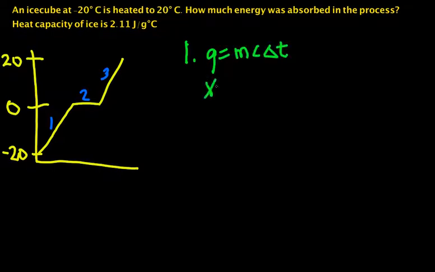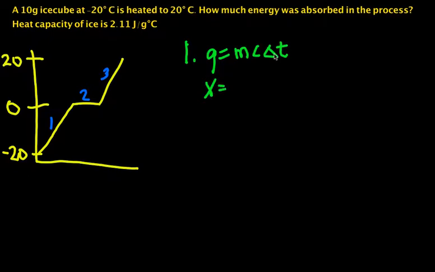I'm looking for Q. I did forget to put the mass in the problem, so we're dealing with a 10-gram ice cube. I went back and added it right here. So our mass here is going to be 10. Our specific heat, since it's ice, is going to be 2.11, not the 4.18. The temperature change in this segment is 0 minus -20, which is 20 degrees.